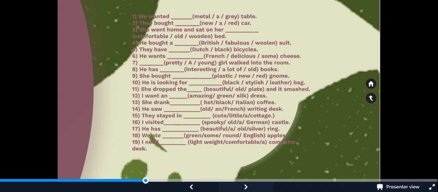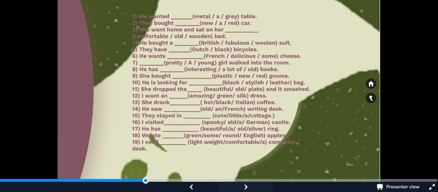Then, sixth one: he wants dash cheese. French, delicious, some. Some is a determiner, delicious is opinion, and after that, origin, French. So, how do we say it? He wants some delicious French cheese. Seventh one: dash girl walked into the room.